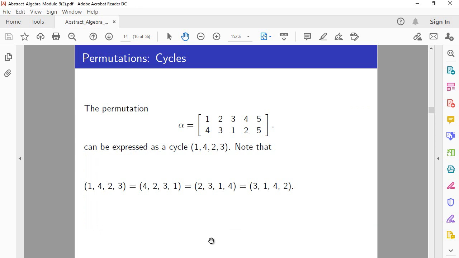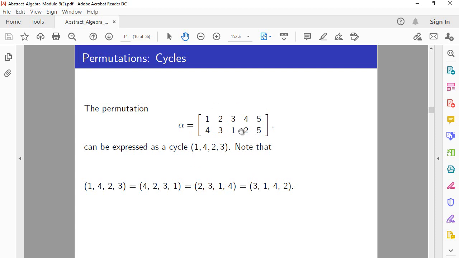Consider the permutation alpha, which is given by this table, and we can express that as a cycle. So notice that I'm going to start with 1, and then I see that 1 goes to 4, and then 4 goes to 2, and then 2 goes to 3, and 3 goes back to 1, and then 5 is fixed.